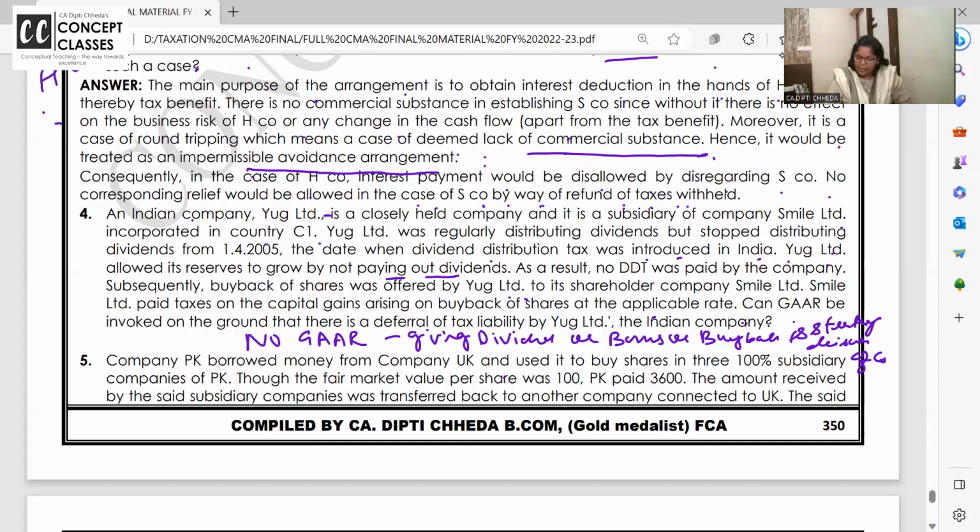Though the fair market value of the share was 100, PK paid 3,600 to buy shares of subsidiary. और ये कोई लिमिटेड कंपनी नहीं है, कहीं नहीं दिया है. Amount received by subsidiary companies, 100 per share की जगह पीके ने कितने में खरीदा? 3,600. is transferred back to another company connected to UK.